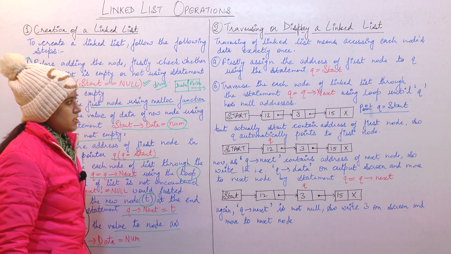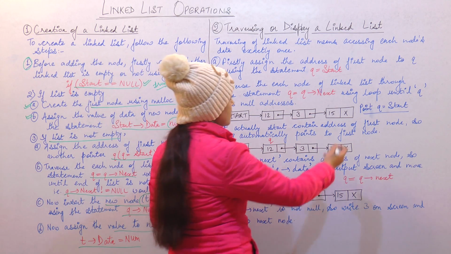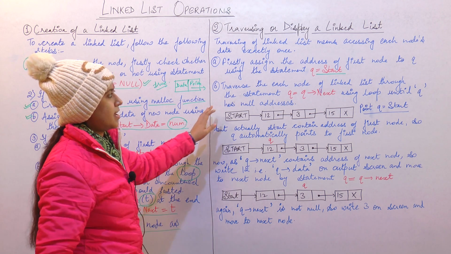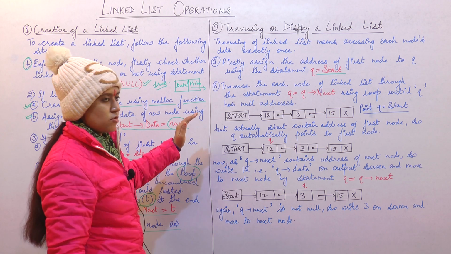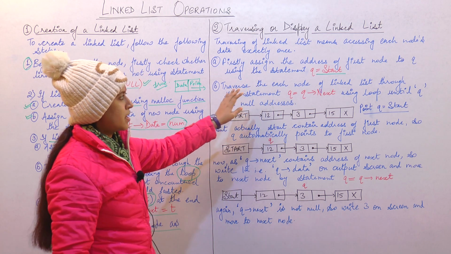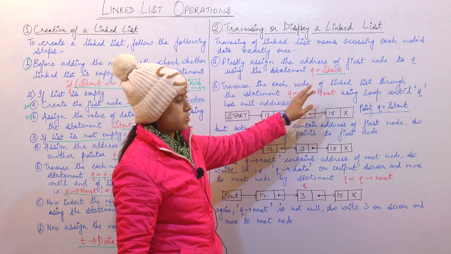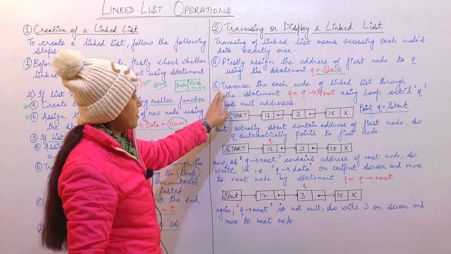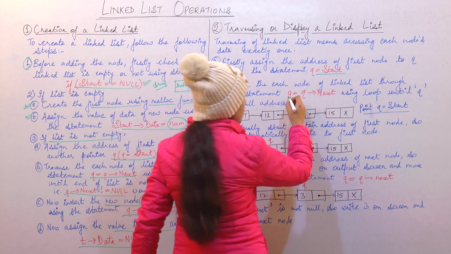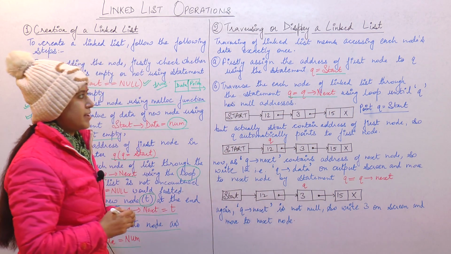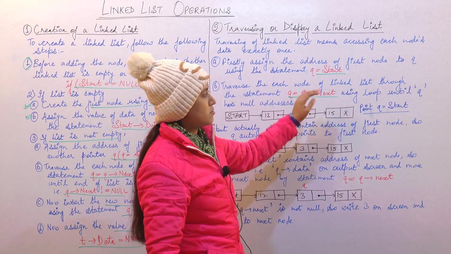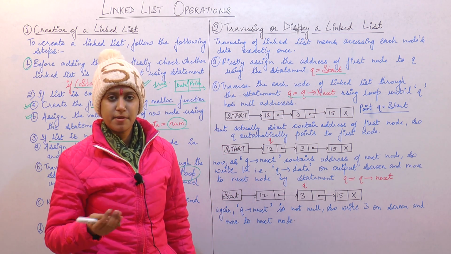Firstly, assign the address of the first node to Q using the statement Q = start. For traversing or displaying a linked list, we first assign the address of the first node of our linked list to Q. That means we start traversing from the first node.